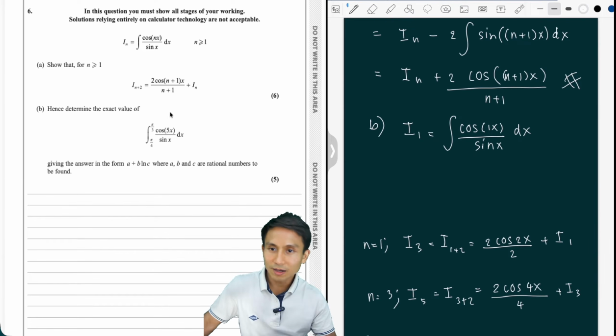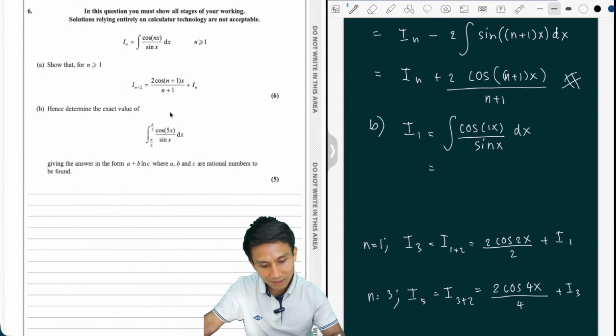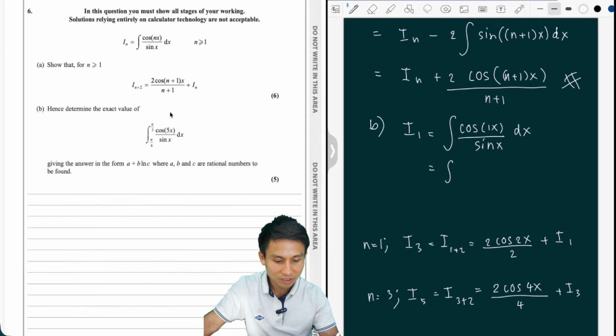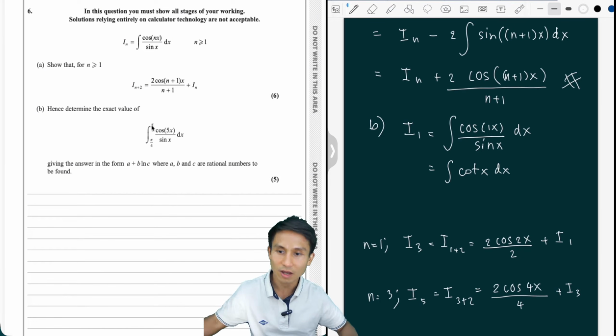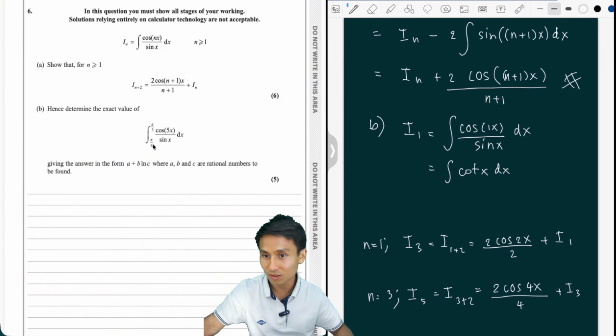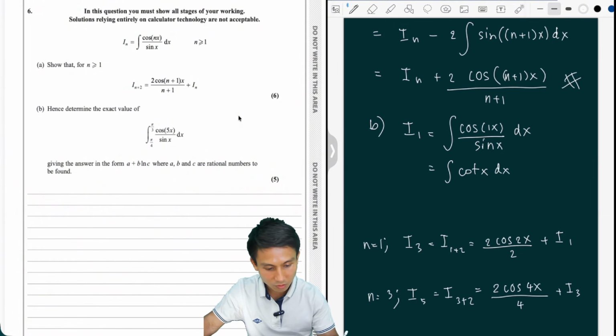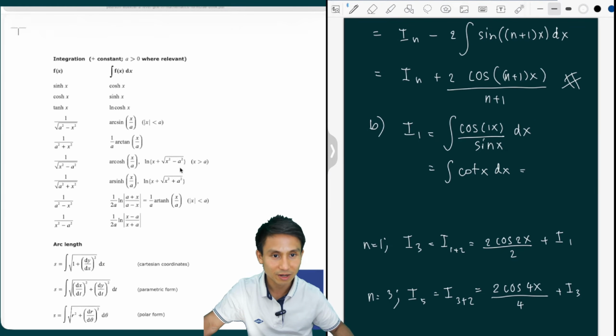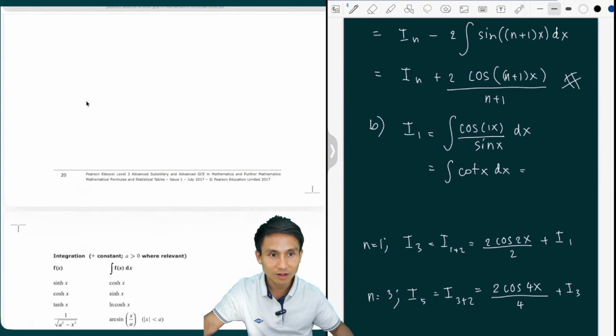Well, of course, this is the integral of cos over sine, so it's cot x dx. And all of the integrals here will have the same limits, which is the lower limit pi over 4 and the upper limit pi over 3. But let's integrate cot first. If you look at the formula sheet, integrate cot.